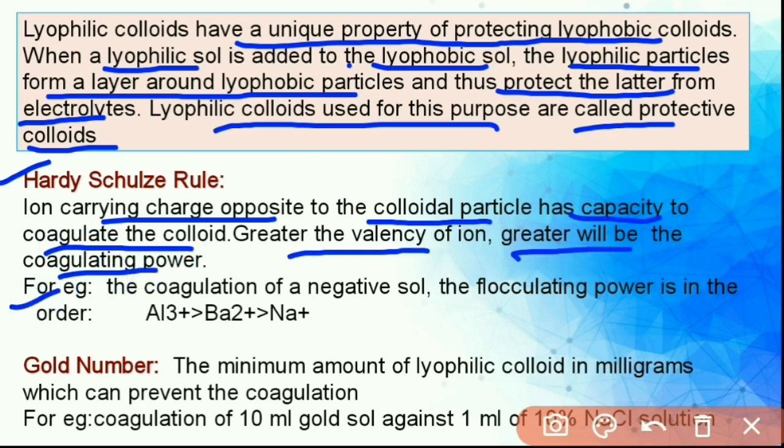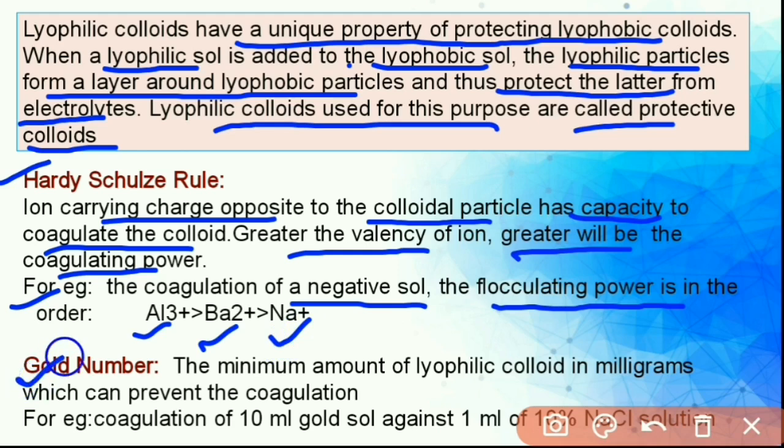For example, coagulation of negative sols: the coagulation power is in the order aluminium 3 positive, which has the greatest power, then barium 2 positive, which has less coagulation power as compared to aluminium. Then sodium ion has less coagulation power as compared to the other two.